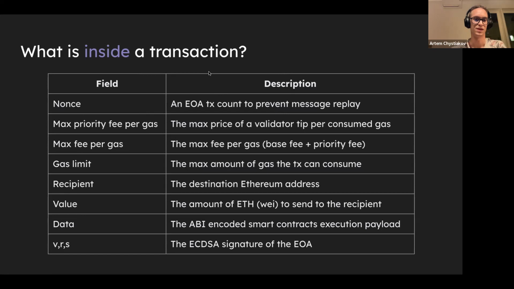And if each of the checks passes, then the transaction is included into the mempool, where it's going to be picked by the validator and then included into the block. And if the transaction is still invalid somehow, there is a consensus, the proof of stake Ethereum consensus, that checks every block and votes for the validity of each block.